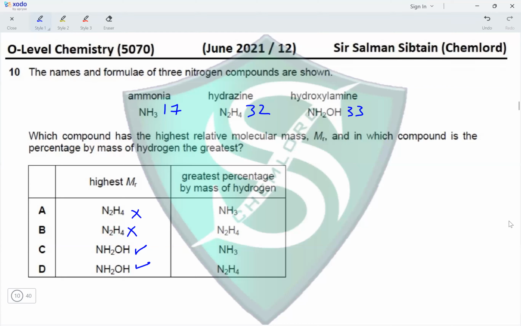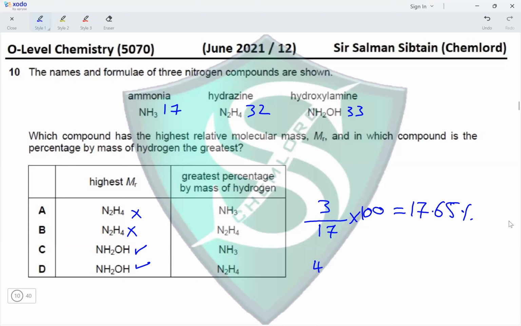Now we find out the greatest percentage by mass of hydrogen. So the two options are either ammonia or hydrazine. So we calculate the percentage by mass of hydrogen. In ammonia, we've got 3 atoms of hydrogen. So 3 upon its Mr, which is 17, into 100. This gives us a percentage of 17.65%. Whereas for N2H4, hydrazine, we've got 4 hydrogen atoms.